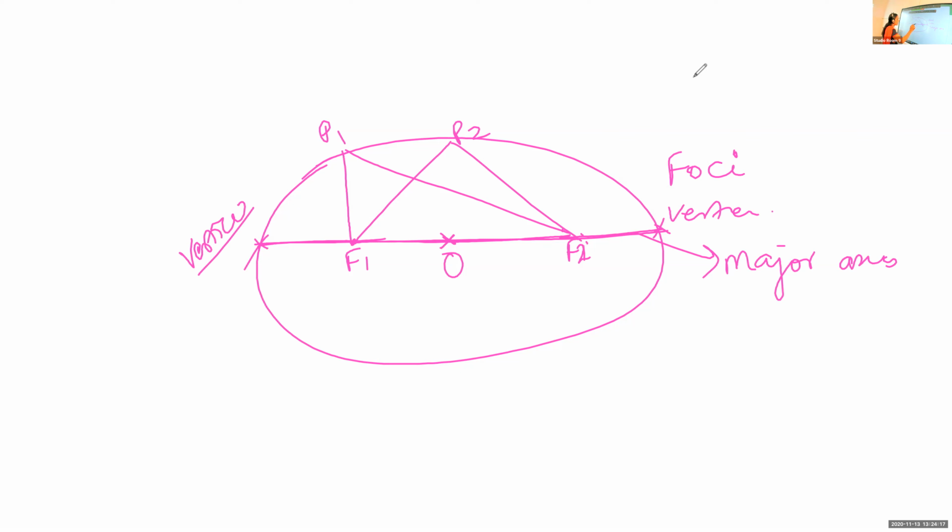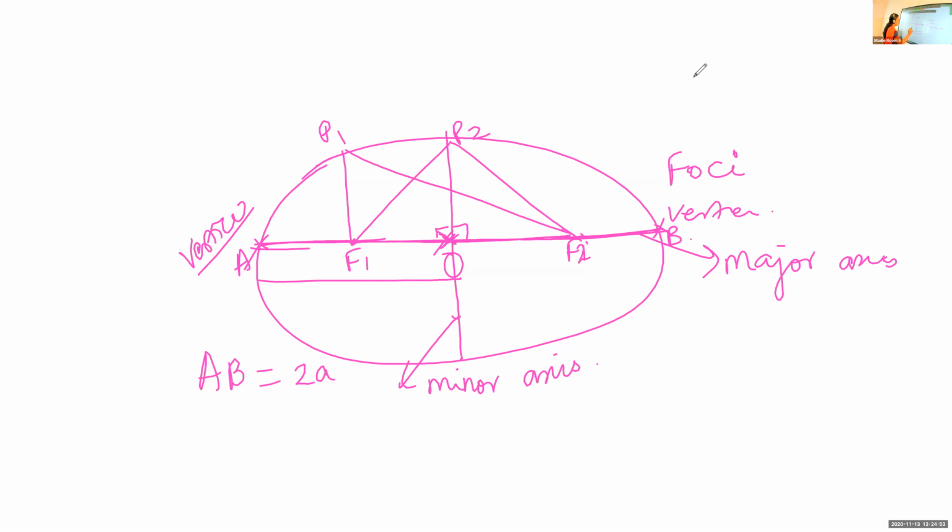Next, through the center, we draw a perpendicular to the major axis, and that we call the minor axis. The notation we use: the full length of the major axis, suppose I name the ends A and B, will be 2A.